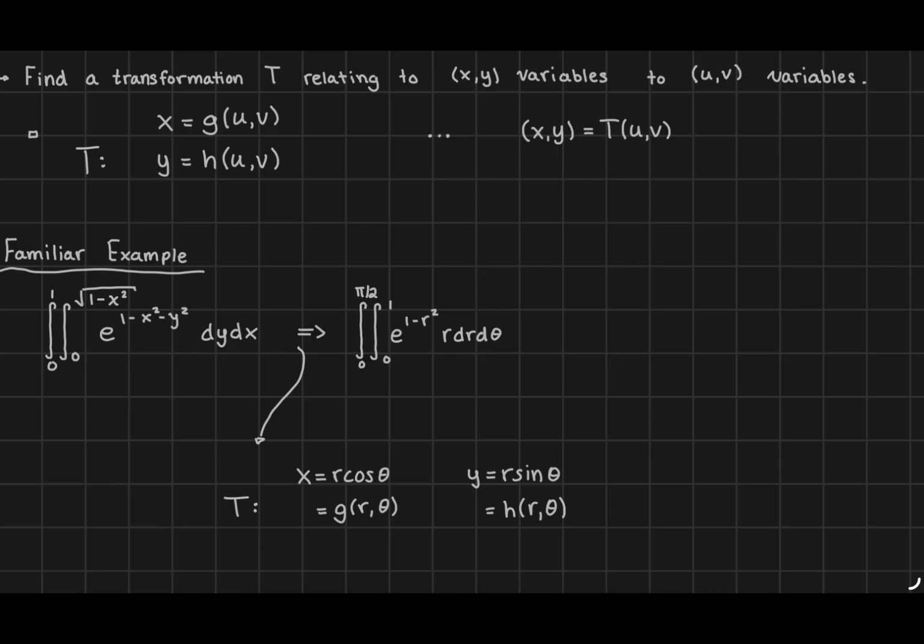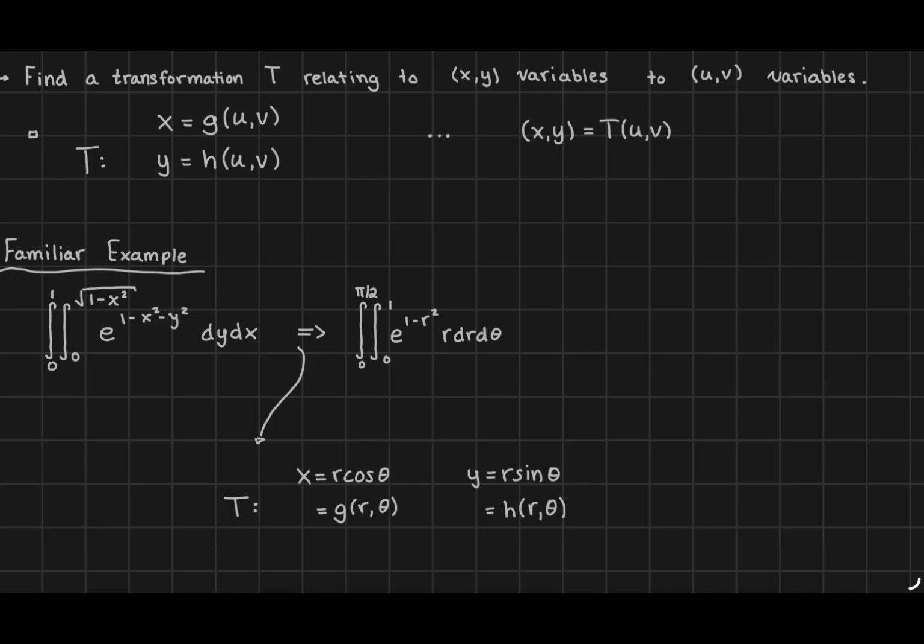When we undergo that transformation, we have this new iterated integral with different coordinates, with different variables. So basically what I'm trying to say here is that changing variables will make the integrals and the integrand easier, as we've seen.